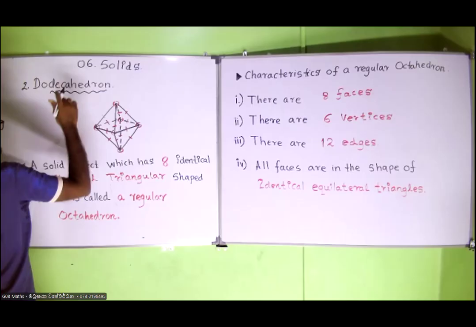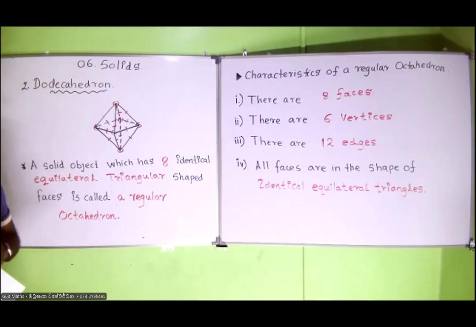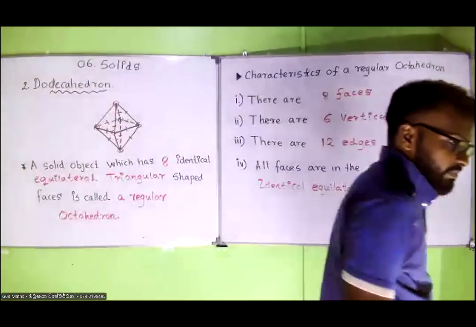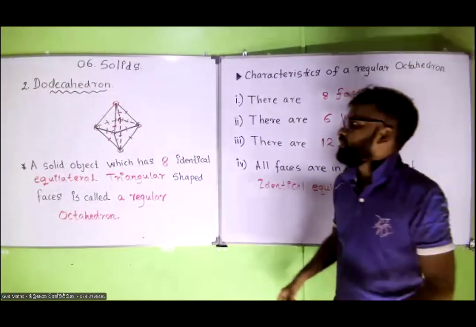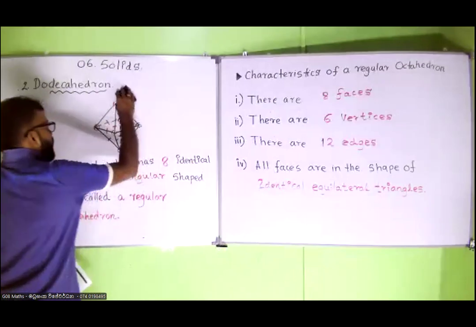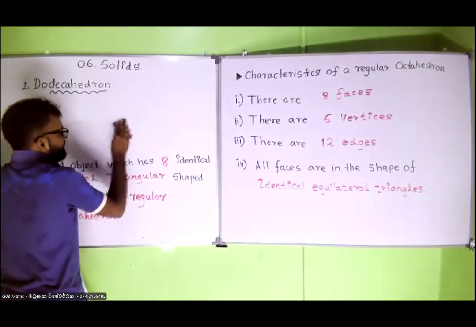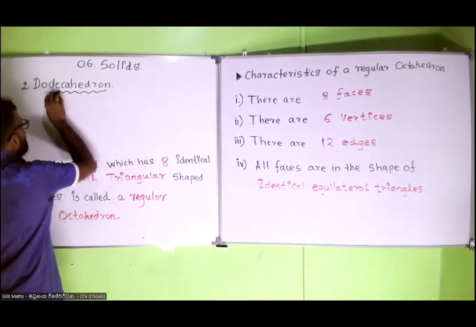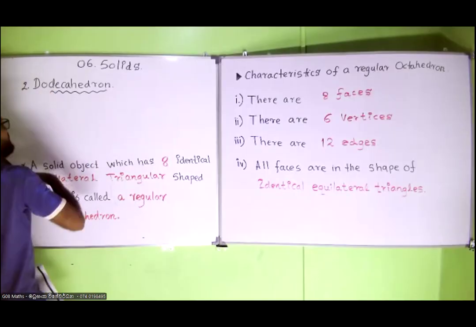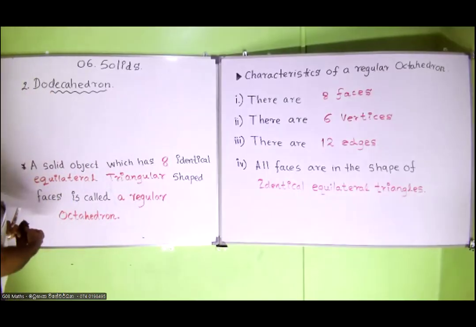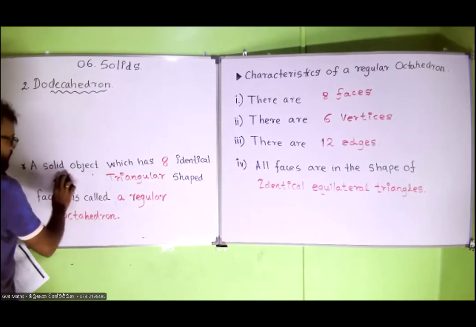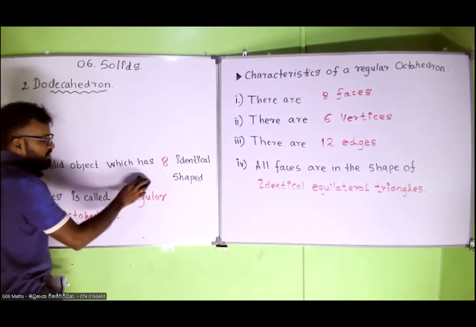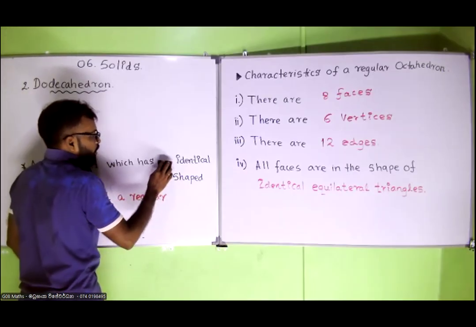These are like Japanese names, huh? Icosa, octa. So this is our second solid that we are going to talk about.